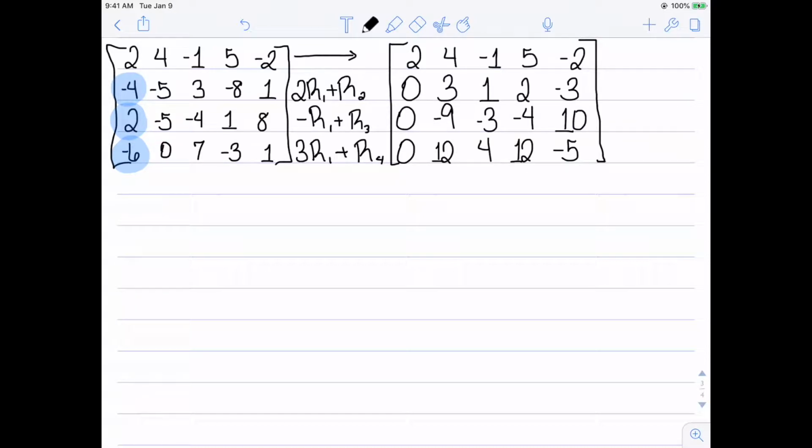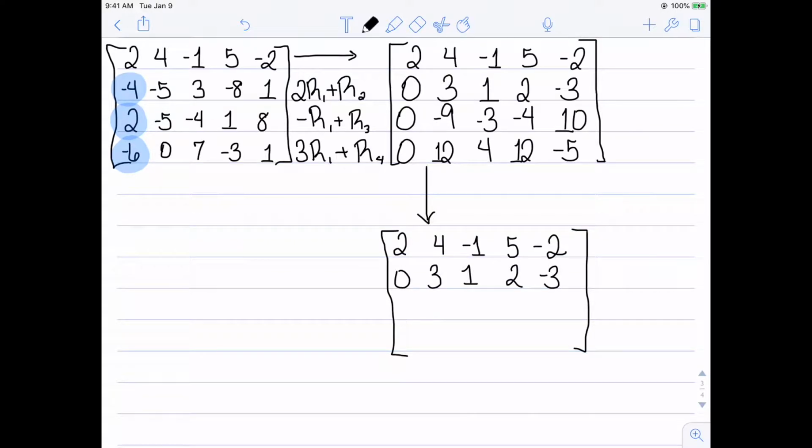For the second column, once again, we need to only add a multiple of one row to rows below it. This time our first and second rows will stay the same. I need to get a 0 below this 3. And in order to do that, I'll do 3 row 2 plus row 3.